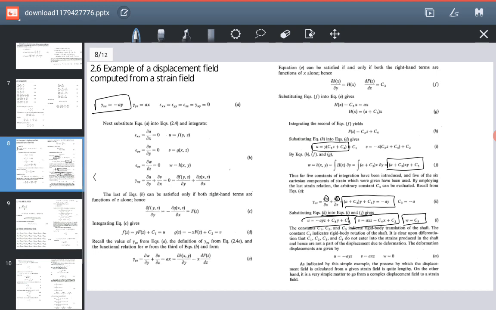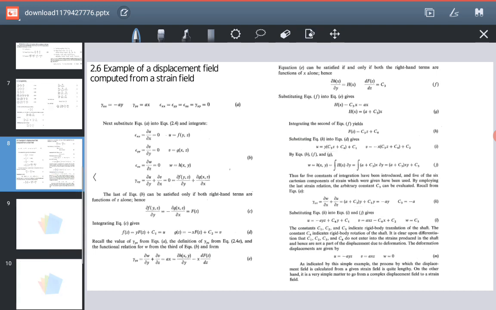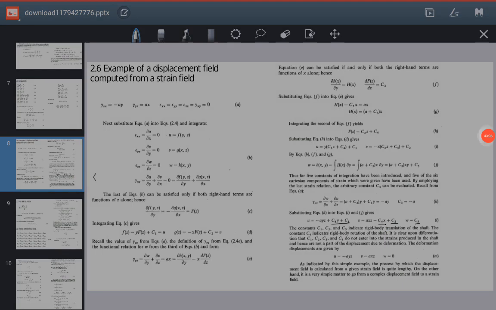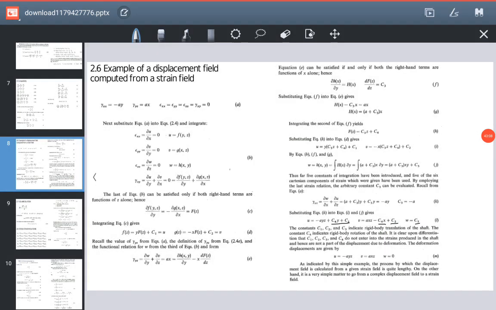So now it says that all these constants have nothing to do with the strain produced in the shaft by the application of force.